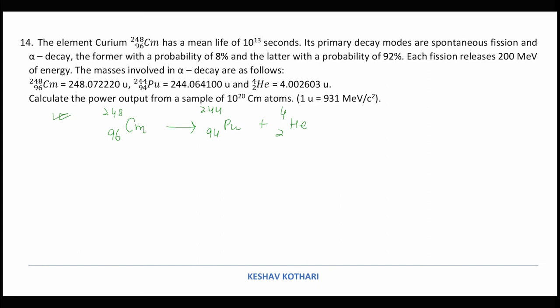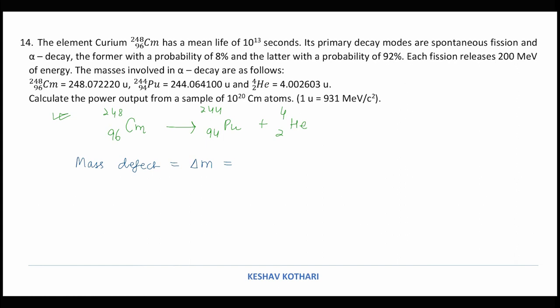The next thing is that we are going to calculate the mass defect involved, that is delta M, for this particular reaction. This can be written as the mass of reactant minus the mass of product.